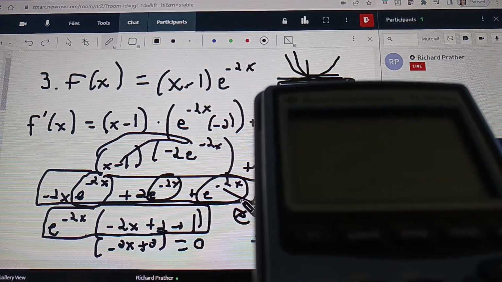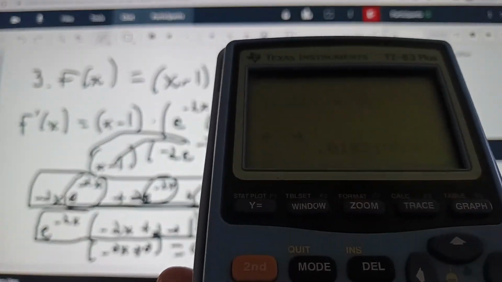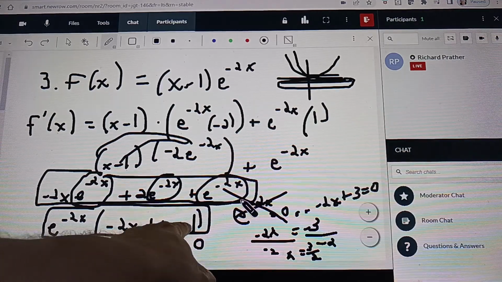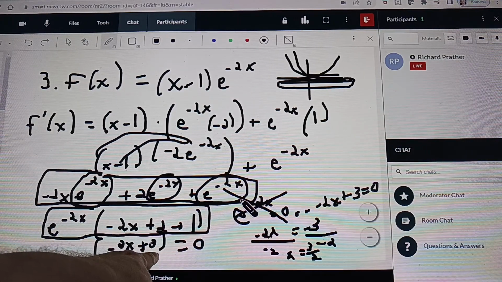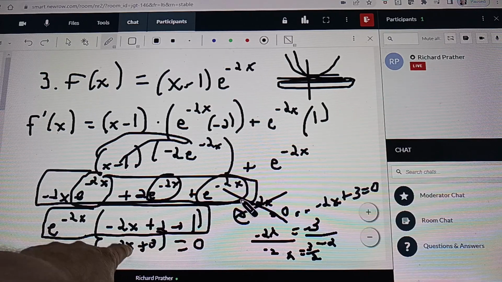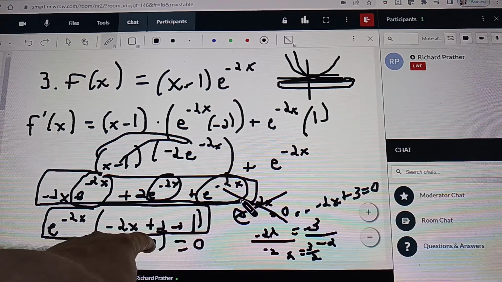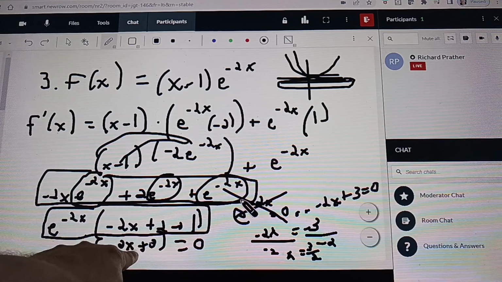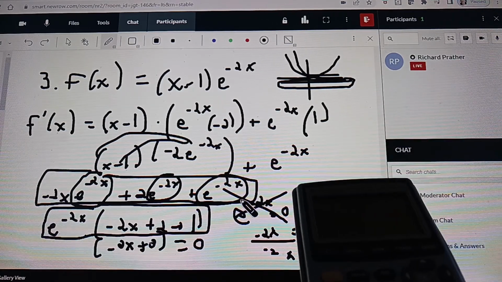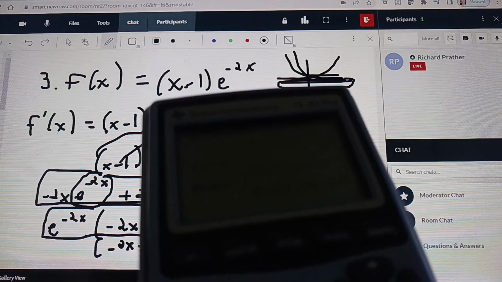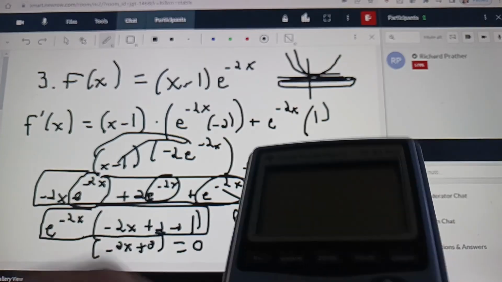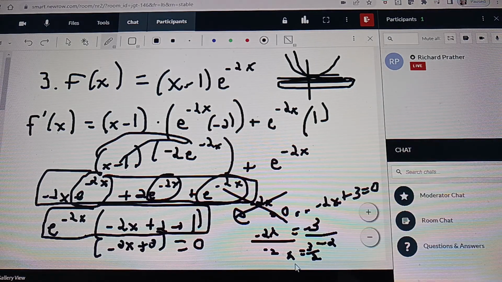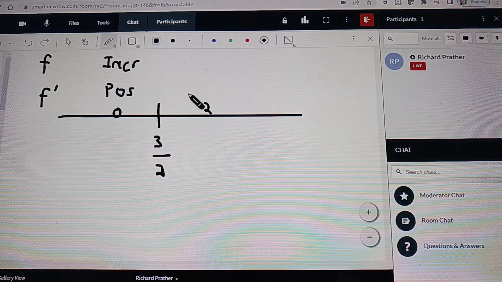E to the -4 is a positive messy decimal, but it's going to be positive times this. So is this part positive or negative is all I care about. Put a 2 right there, you'll get -4 plus 3, that's -1. So positive times -1, the derivative is negative if I'm anything bigger than 3/2. So first it was positive, then it switched to negative.